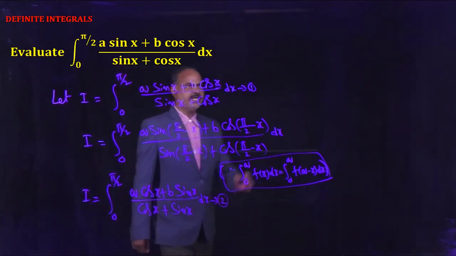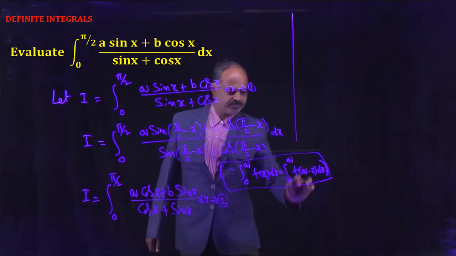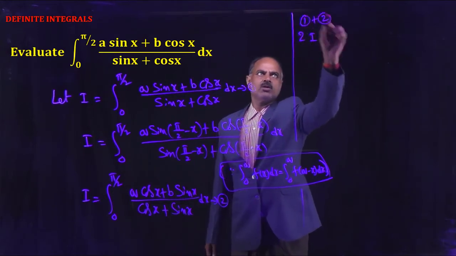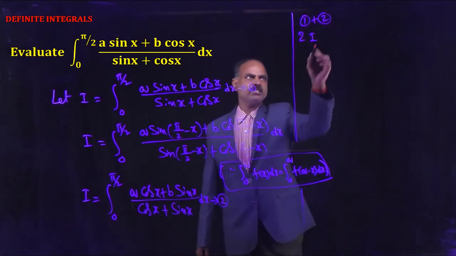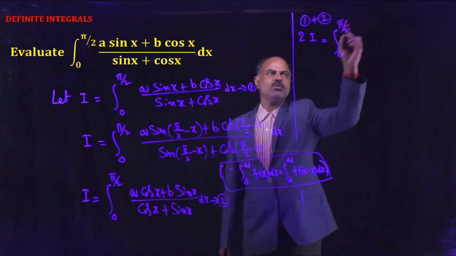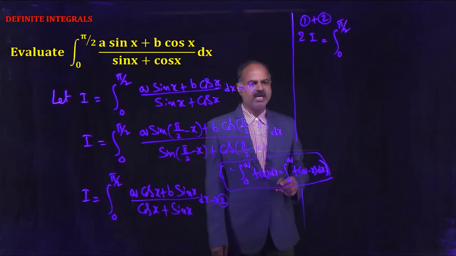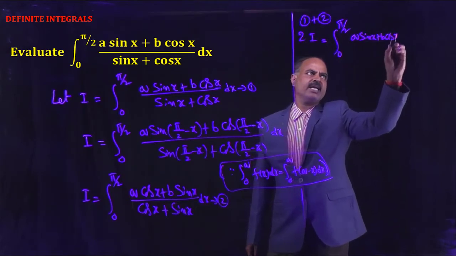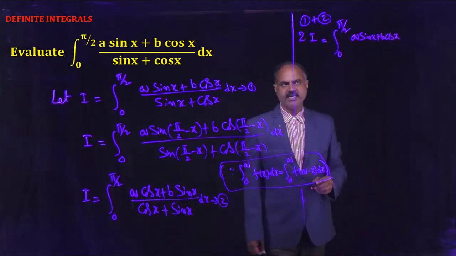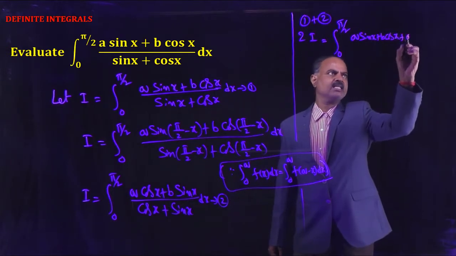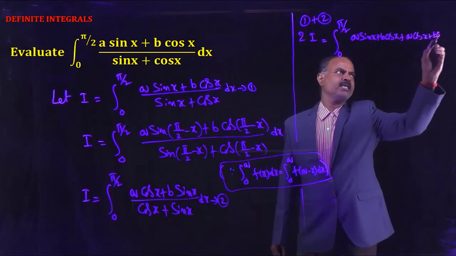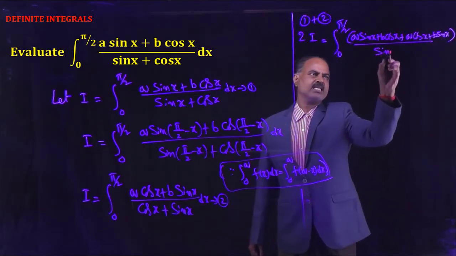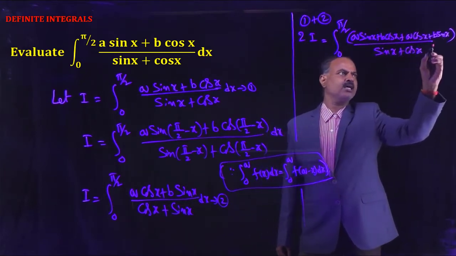Now adding 1 and 2, I plus I, 2I is equal to integral 0 to pi by 2 a sin x plus b cos x plus a cos x plus b sin x divided by sin x plus cos x dx.